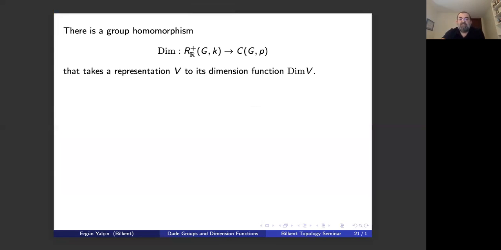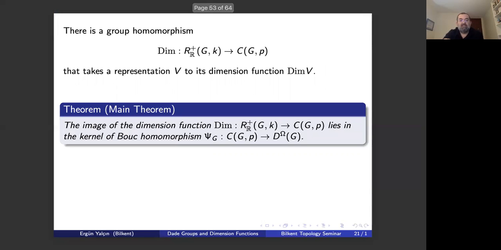So dimension functions coming from this. This is our main theorem, which doesn't say that the kernel is exactly this. It says that dimension functions coming from these real representations are inside the kernel. They're not equal. So in some ways, we couldn't prove what we wanted, but we proved one direction of what we want.